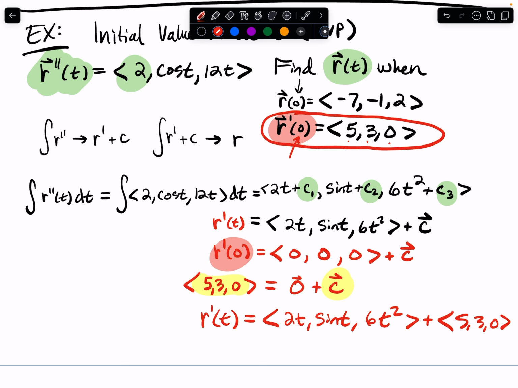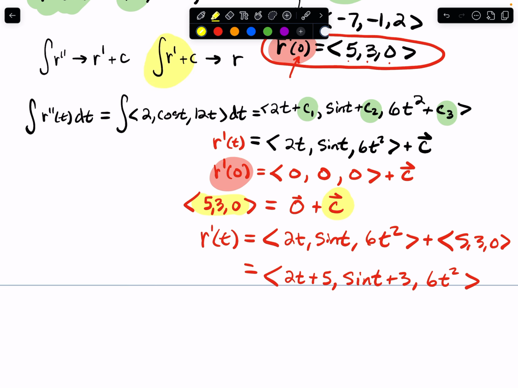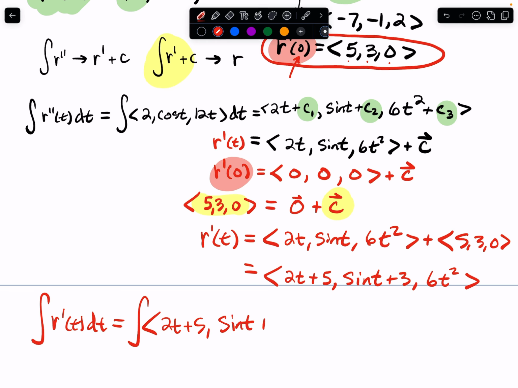Okay. Now, I can combine this back into one if I want to be 2t plus 5, comma, sine t plus 3, comma, 6t squared. Okay. And now I'm going to do the next step where I integrate r prime. So if I integrate r prime of t dt, this is the integral of 2t plus 5, sine t plus 3, 6t squared dt.